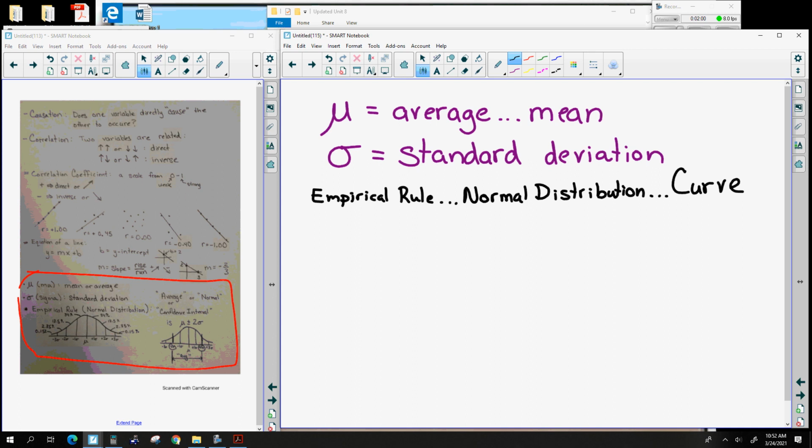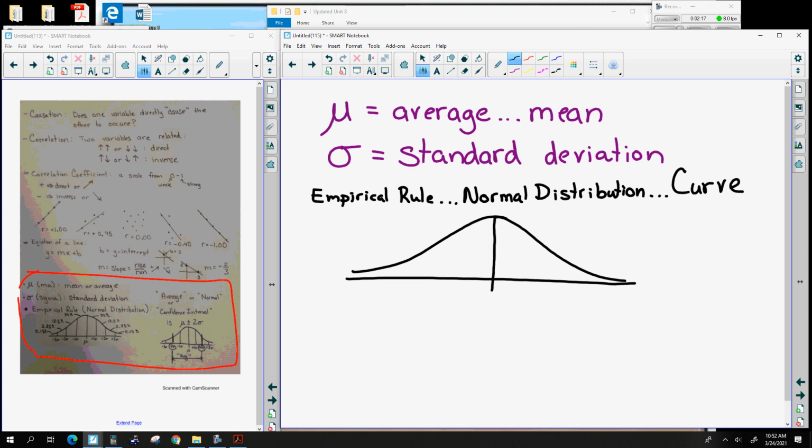This is called a bell shape or a normal distribution. We have this bump up in the middle, it flattens out, and we have this bottom. So, putting things on this quote-unquote curve.